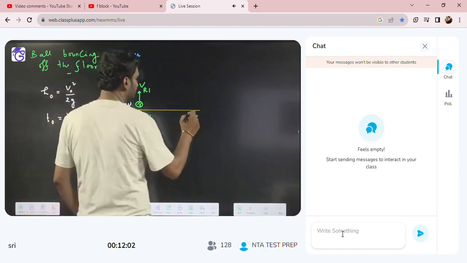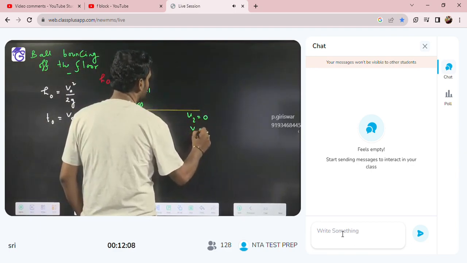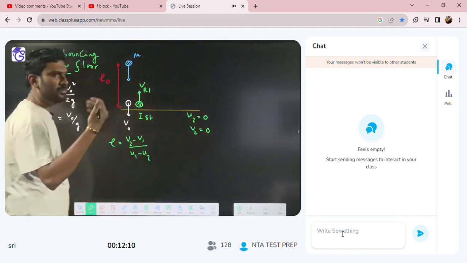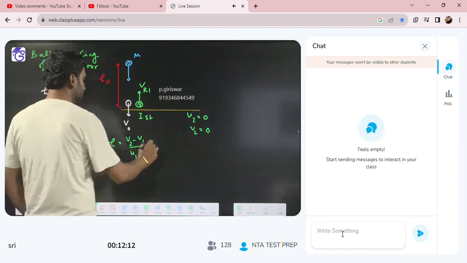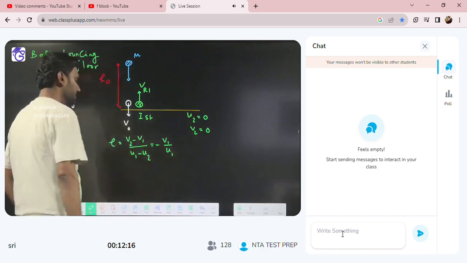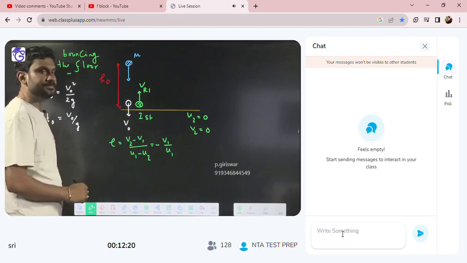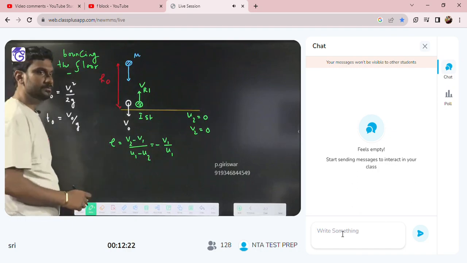If you think about the floor, U2 is equal to 0, V2 is also equal to 0. The floor is not moving. So this becomes minus of V1 by U1. Now let us substitute the value.